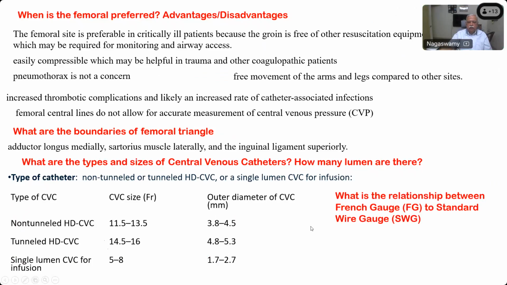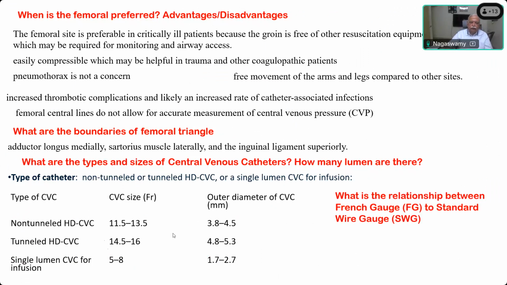This is a common question they may ask you if the measurements are given in French gauge and millimeter. French indicates outer diameter, sir. And the question is, what is the relationship between the two? Now, from this itself, you can easily find out the answer.